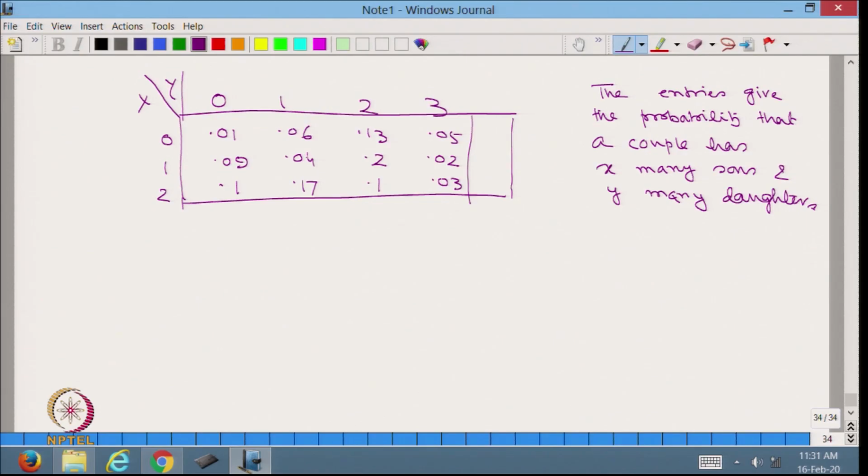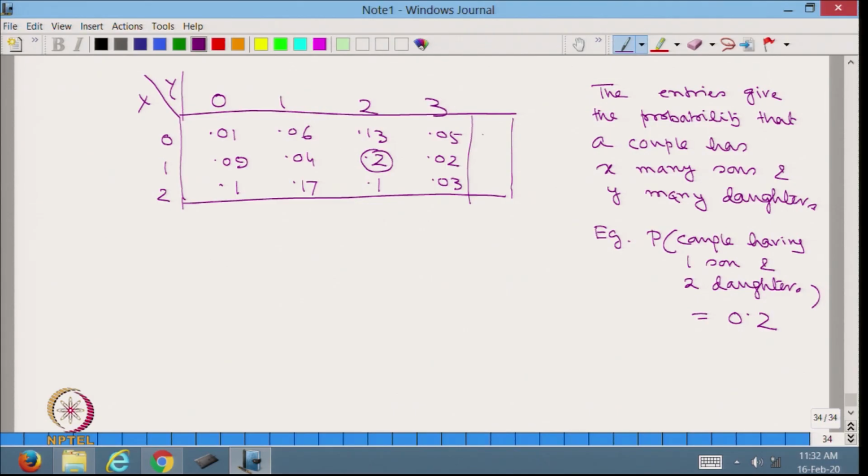For example, this entry is 0.2, therefore the probability of a couple having one son and two daughters is equal to 0.2.